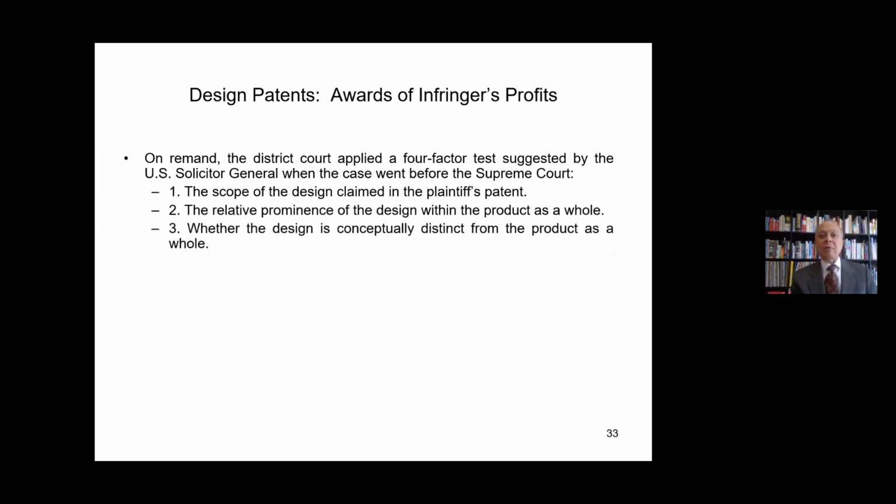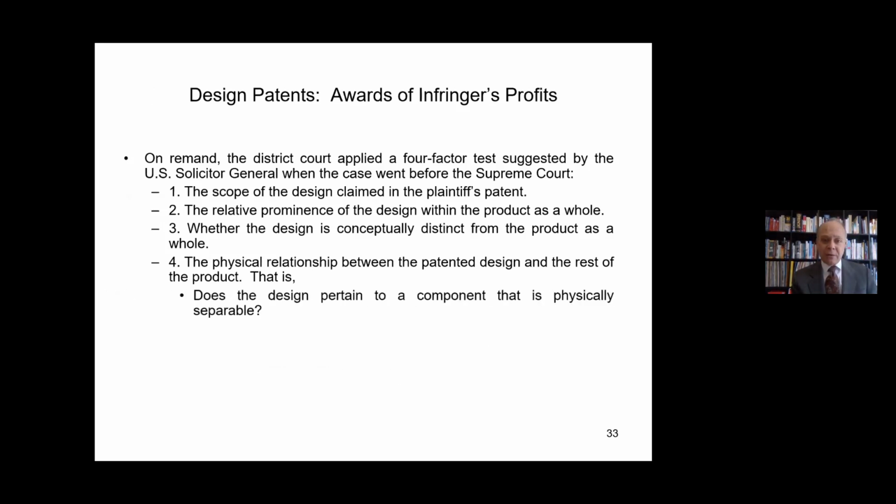These 4 factors: the scope of the design, the relative prominence of the design, whether the design is conceptually distinct from the product as a whole, and the physical relationship between the patented design and the rest of the product. In other words, does the design pertain to a component that is physically separable? Is it embodied in a component that is manufactured or sold separately?